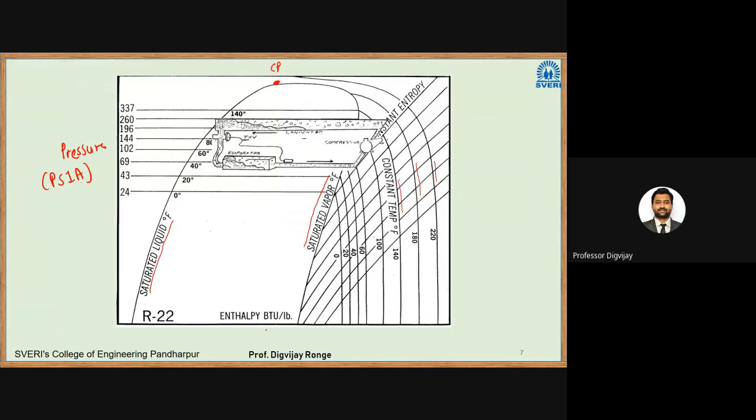Then we have constant entropy lines, these curves going in an upward direction. The horizontal lines are constant pressure lines. If I take vertical lines here, those will be constant enthalpy lines. So in your previous diagram, add these curves: the constant temperature curves on the right side and the constant entropy curves.